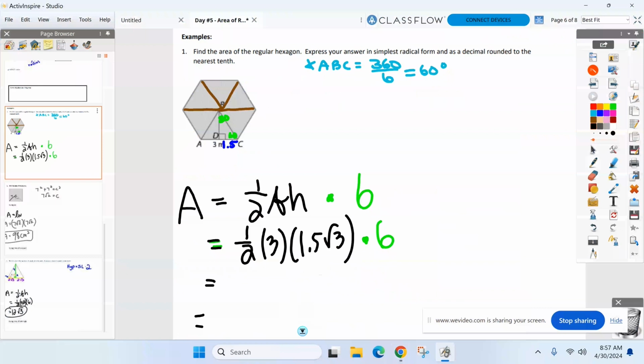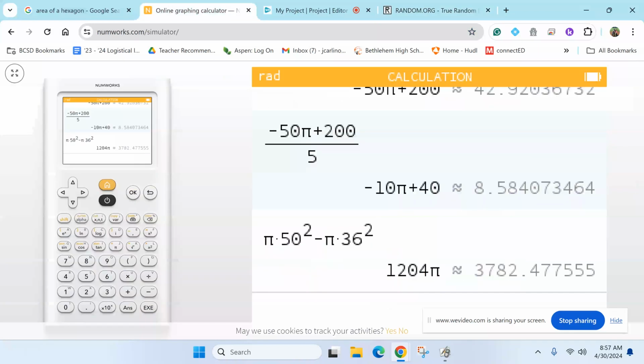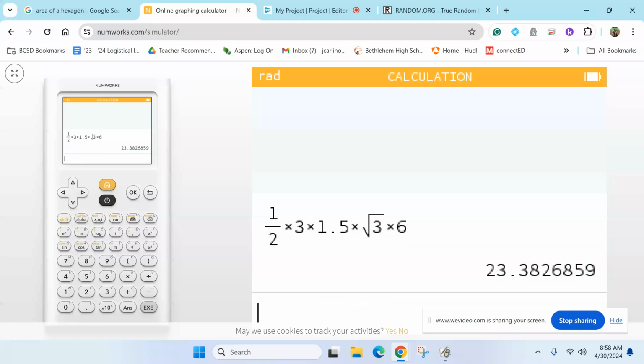Did you change the language of your calculator? You good? 9 radical 3 divided by 4. Just plug in a number anywhere. You've got 1/2 times 3 times 1.5 radical 3 times 6, because there are 6 triangles. 27.